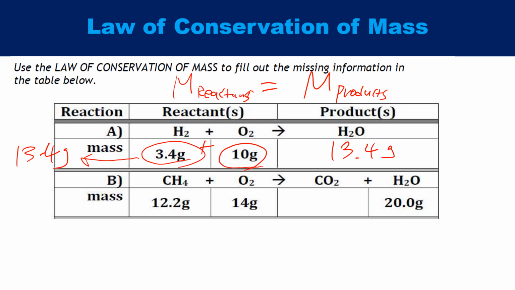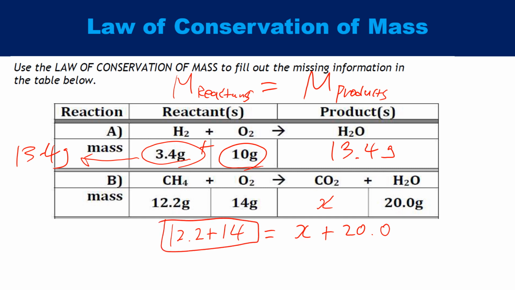If it's a little challenging, we need to find the unknown x. Well, we can set up an equation. 12.2 plus 14 should equal my unknown, which is carbon dioxide, plus 20.0 grams. I didn't even bother putting units in here because the number is what's important. If I add them together, it becomes 26.2.